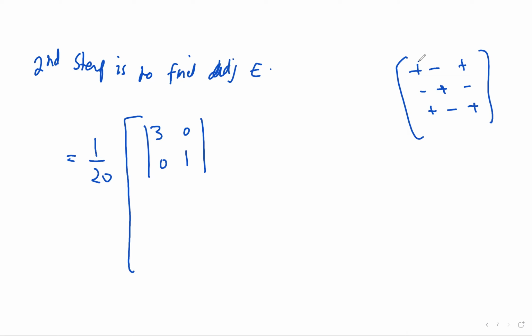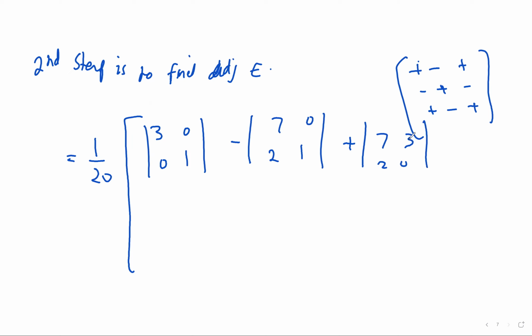And then the sign is minus, and then it's 7, 0, and 2, 1. And then it's plus, and we do 7, 3, and 2, and 0.